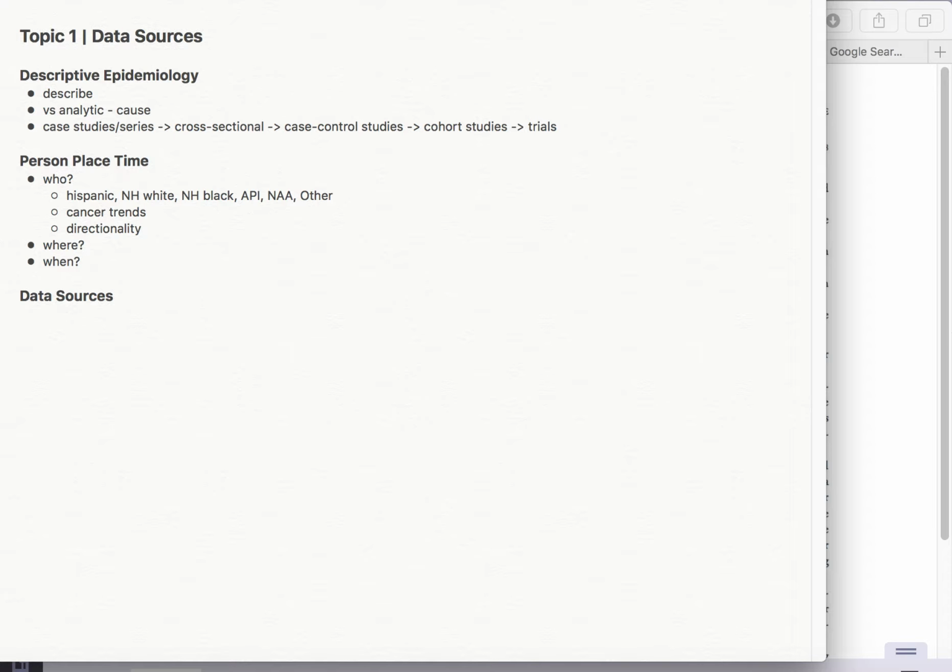If you think about the kinds of reasons that we might have for these differences, first of all, it could be an artifact. It could be that we are just measuring it differently in different locations.